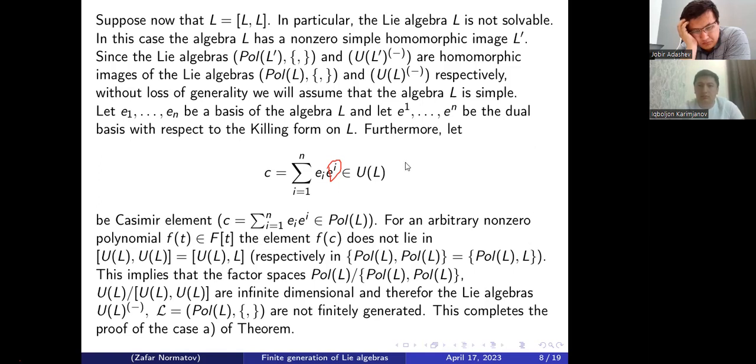Because in general, if you are talking about the dual space, it should be V star. There are no stars. I wrote them mistakenly.